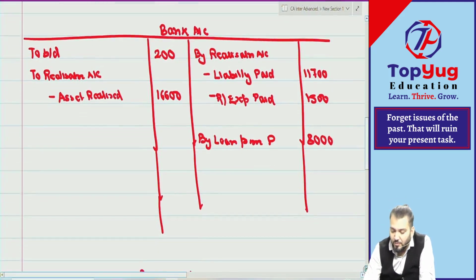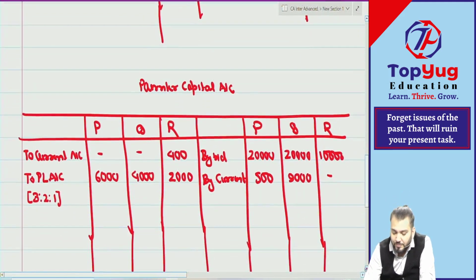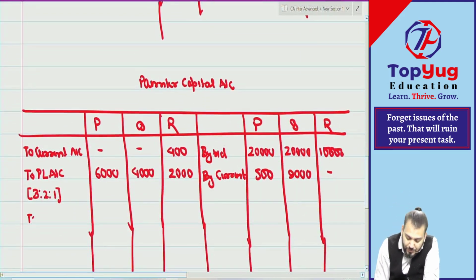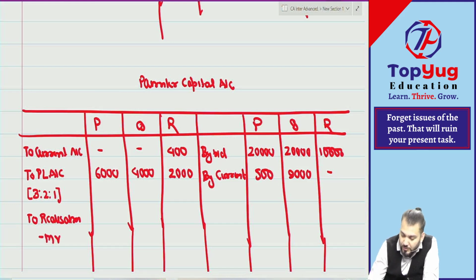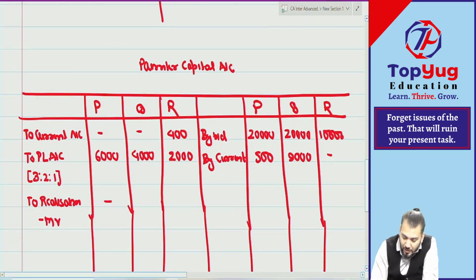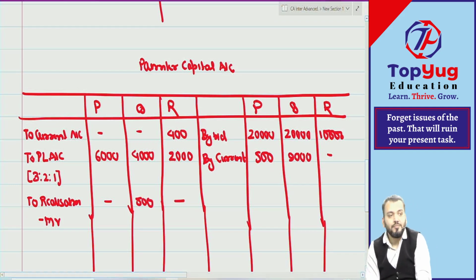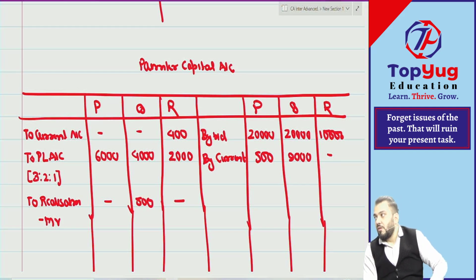And then there is one motor vehicle taken. So to realization account, motor vehicle. Who has taken? Q has taken now, at rupees 500. All second effect done.